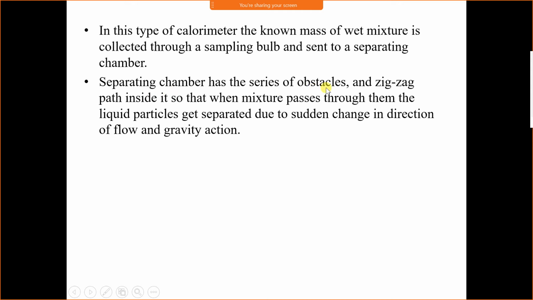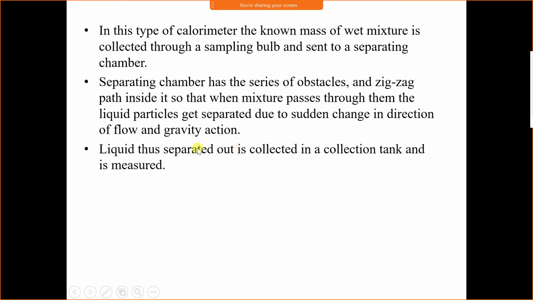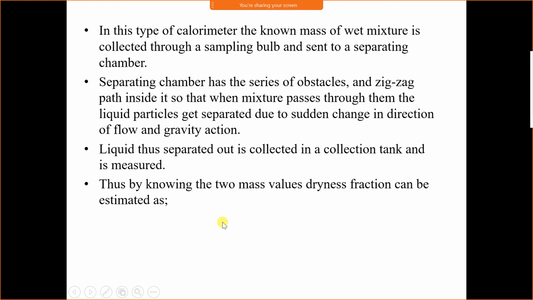The separating chamber has a series of obstacles and a zigzag path inside it, so that when the mixture passes through them, the liquid particles get separated due to sudden changes in the direction of flow and gravity action. Water particles settle down because of the obstacles. The liquid thus separated is collected in a collection tank and is measured.